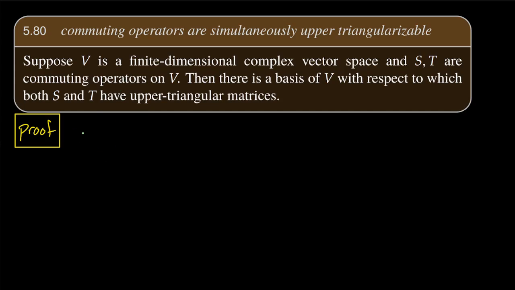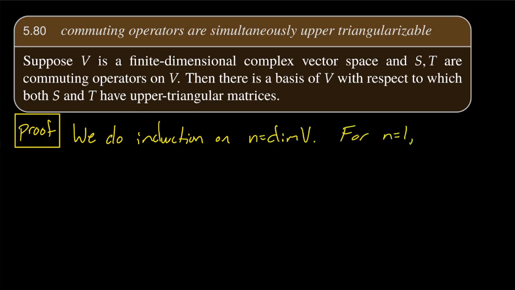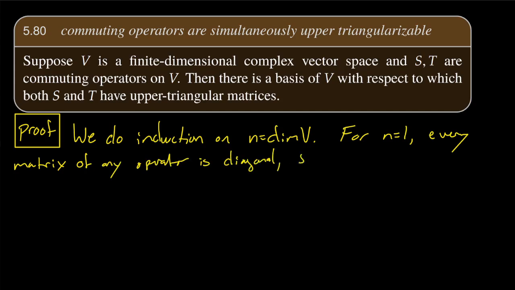So let's do this. We do induction on n, which we'll take to be the dimension of V. Let's say for n equals 1, every matrix of any operator is diagonal, so we are done.